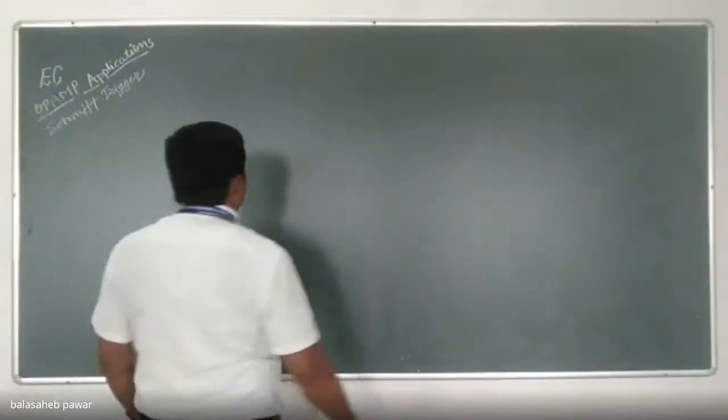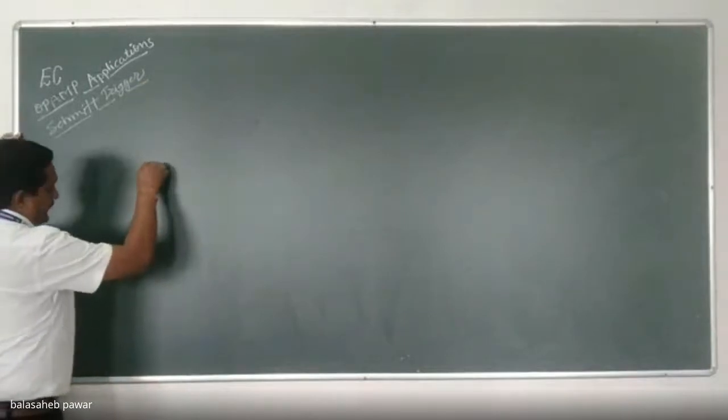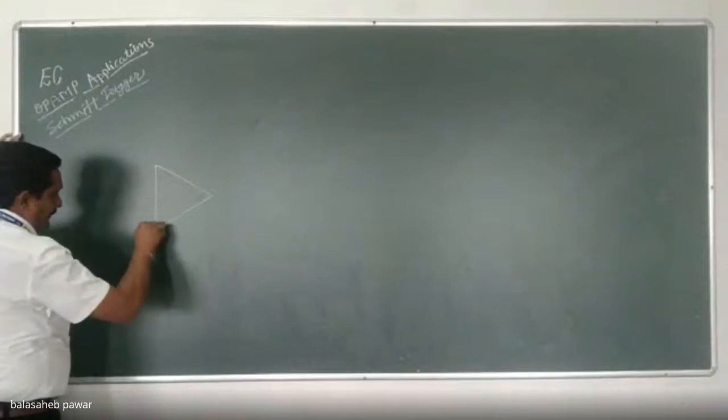So due to the noise voltage, or if the input signal frequency is low, unnecessarily the transition may occur in the output. So to overcome that, another type of circuitry is designed and developed which is known as a Schmitt trigger circuit, in which a positive feedback is used. How it works, that I will explain now.